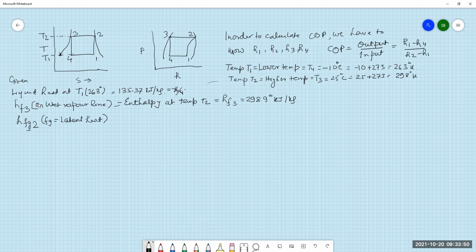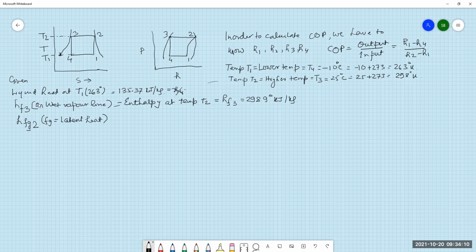So the latent heat is given by the distance from here to here. It is the latent heat which is taken out to the outside atmosphere when the refrigerant condenses from vapor to liquid in the condenser.